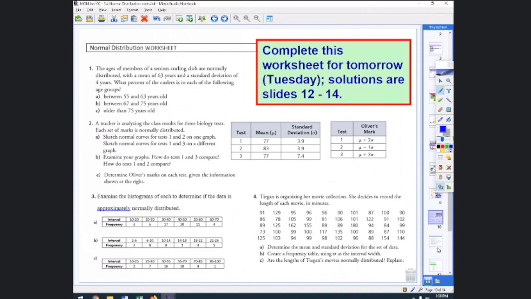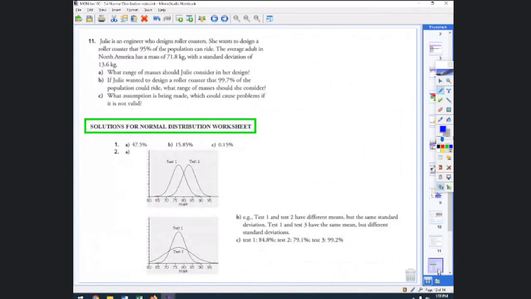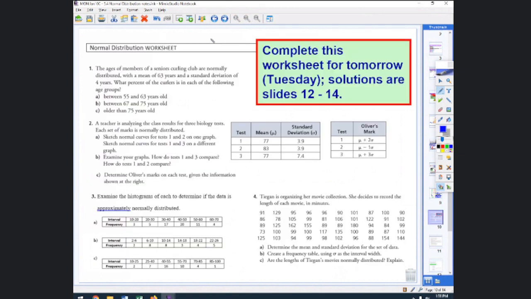And in these slides, I've also included the solutions starting on page 12. The class is still on now, so it would be great if you actually worked on these now, so if you had some questions, you could ask me. Okay, so I'm going to post these in Classroom for you right now.